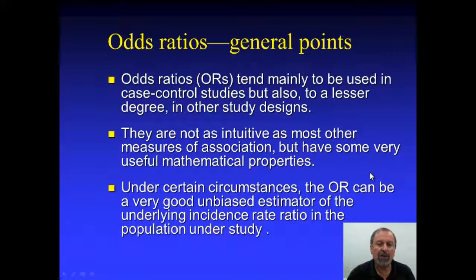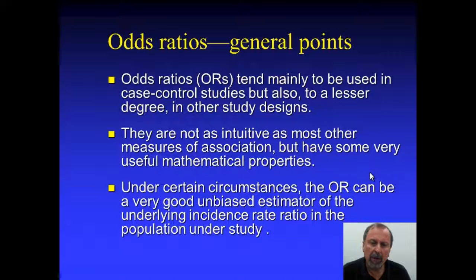So, odds ratios are very useful. They have several good properties, and they're commonly used in case control studies, but to some extent they may be used in other study designs, and particularly they are sometimes used in cross-sectional studies as opposed to calculating a prevalence ratio.